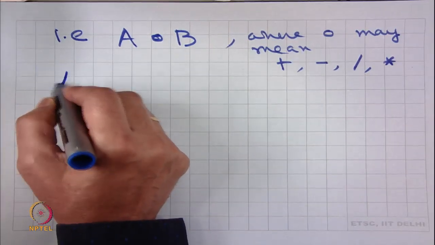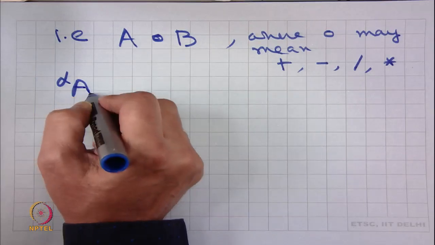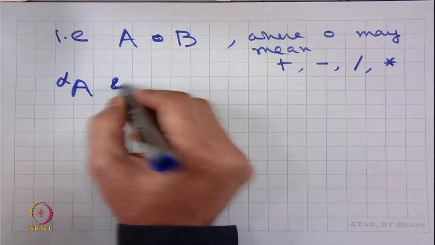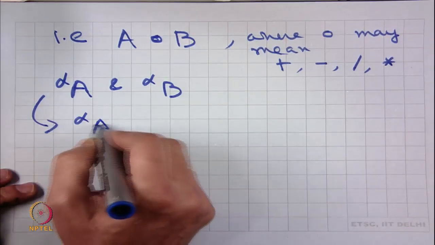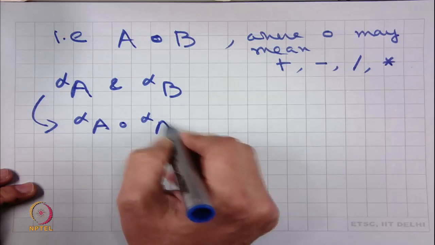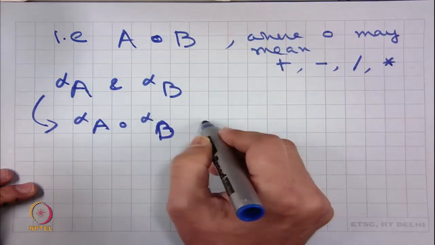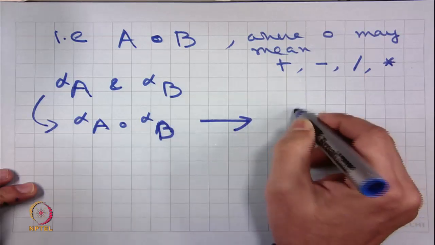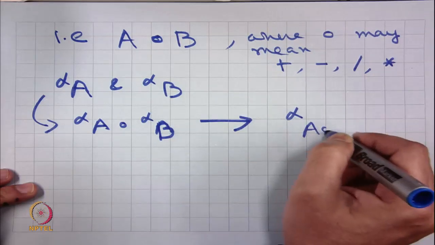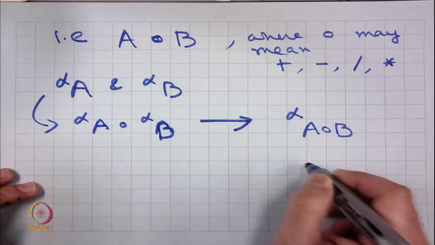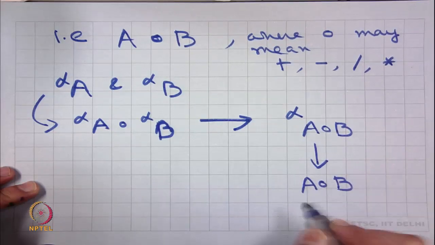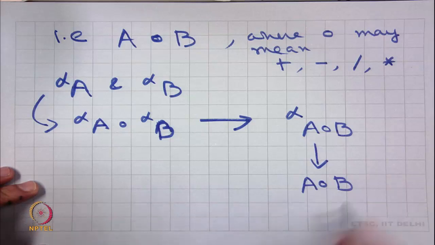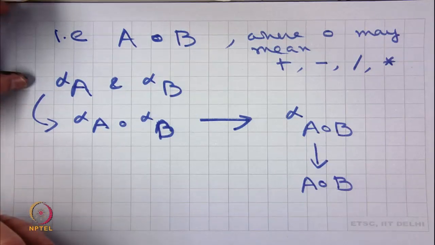We compute alpha cut of A and alpha cut of B, then we apply interval operation on this alpha cut of A and alpha cut of B, and from there we get alpha cut of A operated on B, and from there we recover A operation B. That is the intuitive idea for computing fuzzy arithmetic.